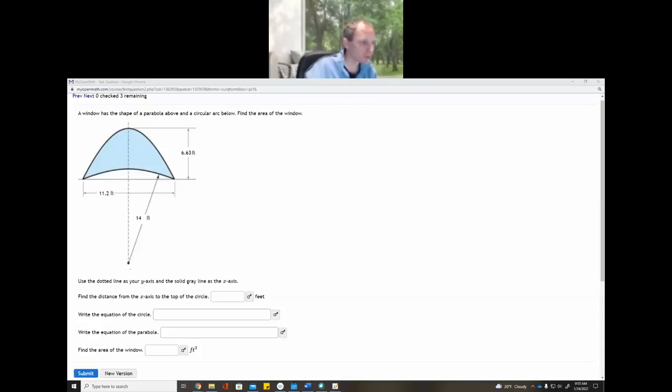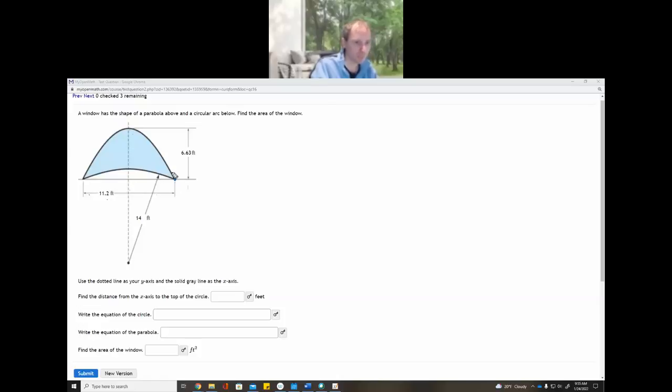Let's maybe just look at a little bit of basic geometry and figure out what we know. Knowing something about this point is going to be really helpful because I know the distance between these 2 points is 11.2 feet. Okay, and this is the top of a circle, which is symmetric. It's the top of a parabola, which is symmetric right here. So I know it's going to be even on both sides.